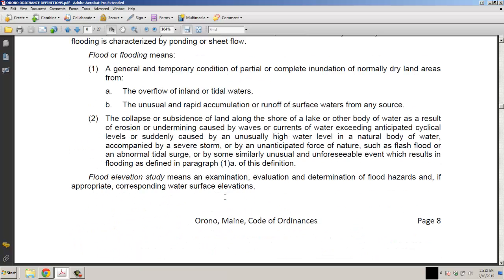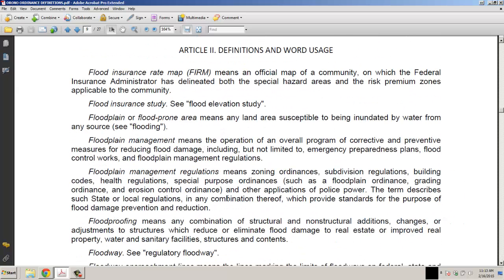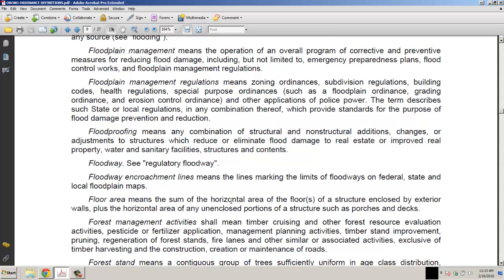100-year floods, flood elevation, floodplains. I won't go through this whole thing, but just something to be aware of. If you're ever in a situation in an engineering firm where you're designing something, you need to work with the local authorities having jurisdiction, which includes the building inspector, the town council, the fire marshal, the local fire captain, whoever takes care of these ordinances and enforces them needs to be aware of what you're doing.